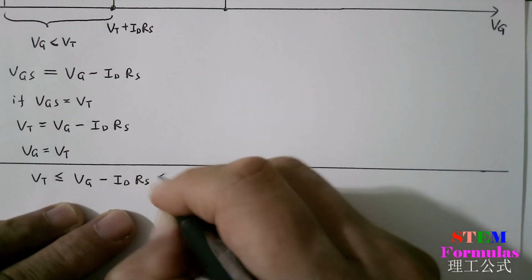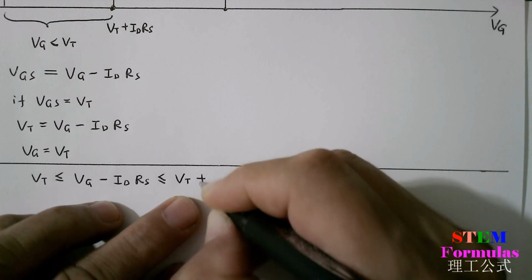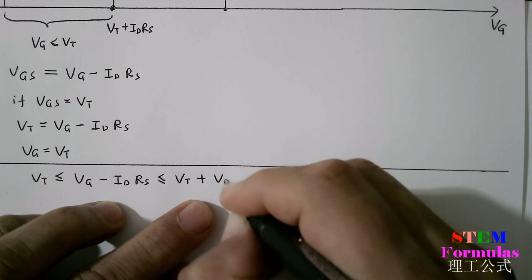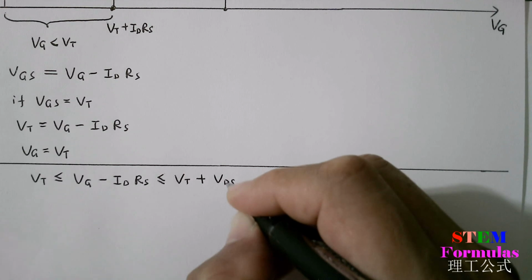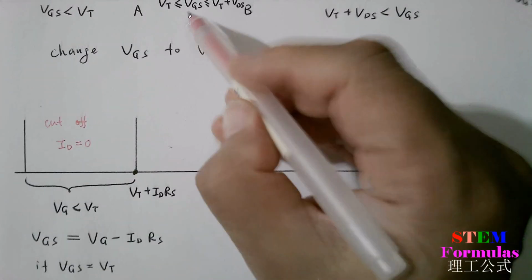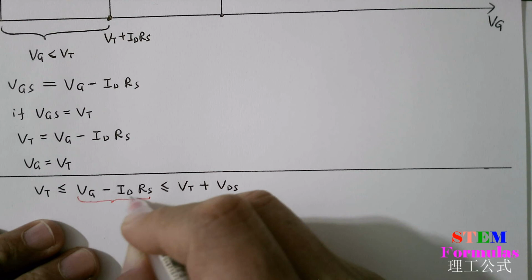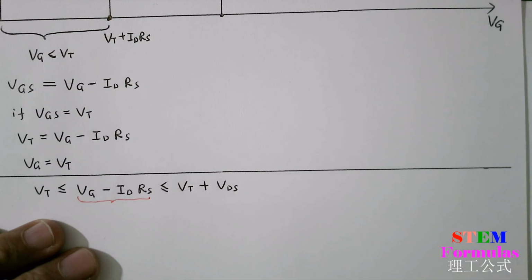Now, I just replace VGS with VG minus ID times RS.